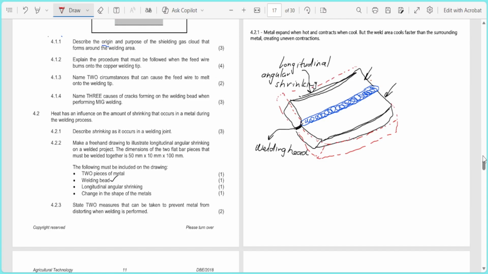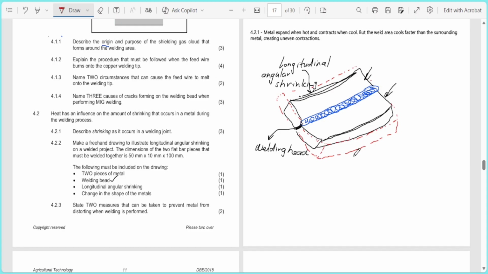So let's go to 4.2.3. State two measures that can be taken to prevent metal from distorting when welding is performed. You have these two metal plates that are being welded. I tried demonstrating or drawing the situation where the original state, which in this case is the red framework, is the original structure, right?